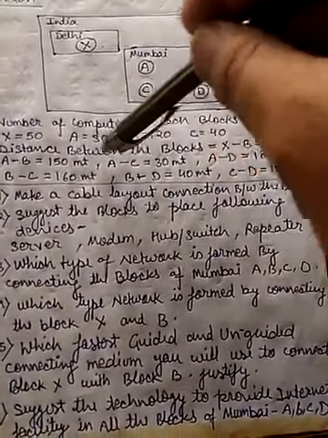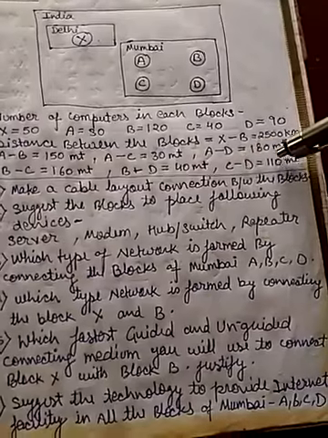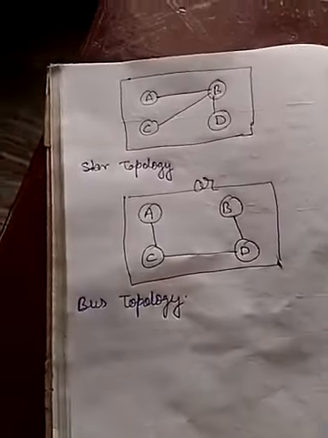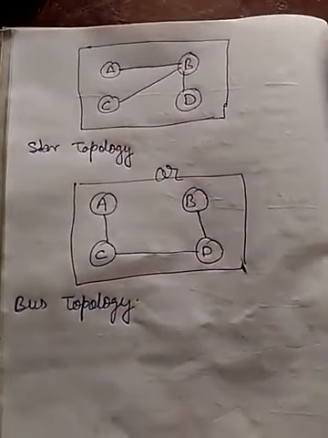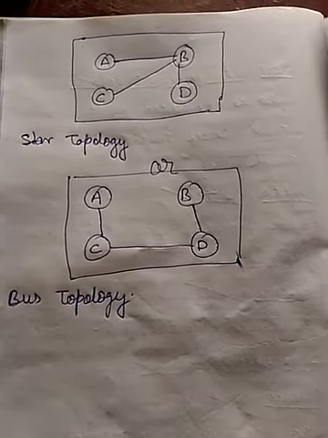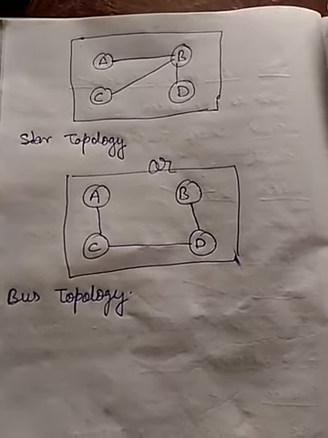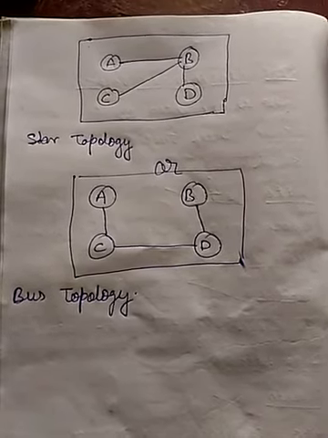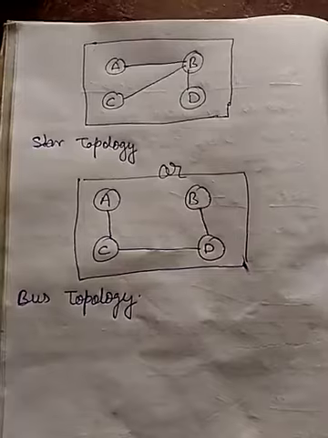So third is C to D. It is having 110 meters. So we connected this. So this is a bus topology. All the nodes are connected through a single wire by following the shortest distance. Hence the installation cost will be low because it takes a smaller number of wires.